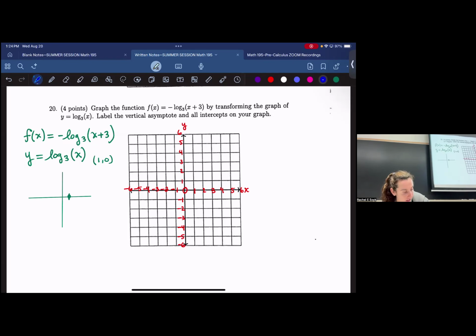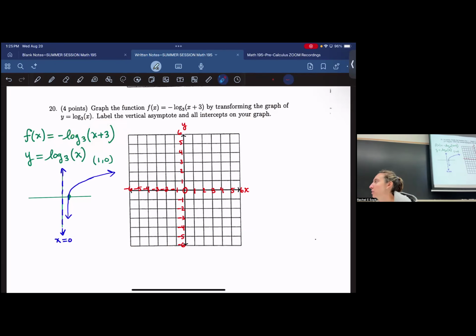And remember, everything is opposite when we go from exponential to logarithmic. So instead of having a horizontal asymptote, for logarithmic we have vertical asymptotes. X is equal to 0, and then I'll sketch it out, and then I'll answer your question, Ariana. All right, so that's the shape that we're looking at. It's just now we need to transform this with that +3 and with this reflection in front.